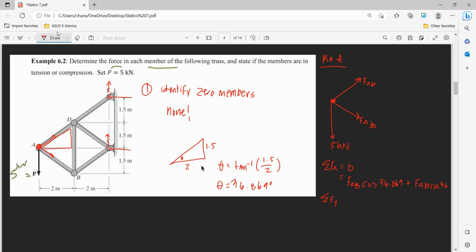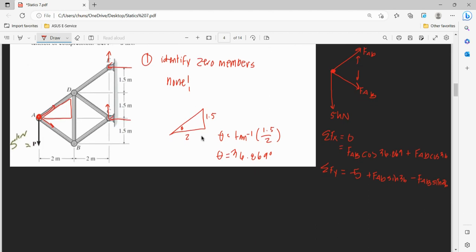So this is going to be negative 5 kilonewtons down, and then positive FAD sine 36.869 minus FAB sine 36.869, because the component for FAB points down and the component for FAD points up.